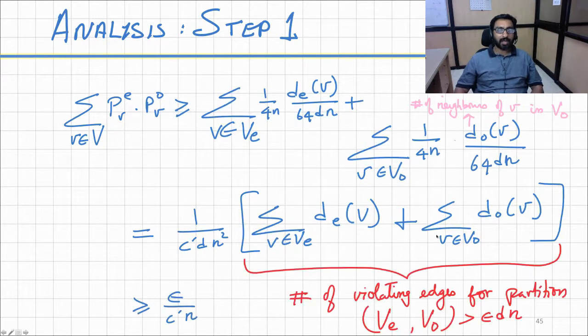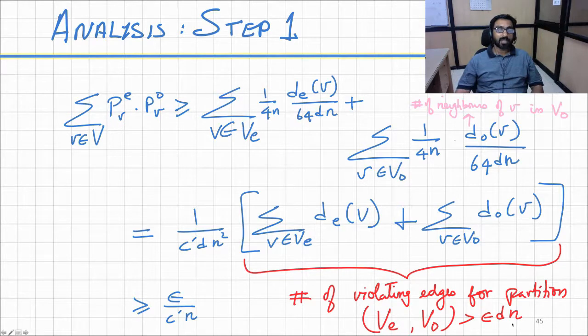Well, as it turns out, this is simply the number of violating edges for the partition VE and VO. Why is that? Think about this. Consider the partition VE and VO. These are the neighbors within the same partition, so these are the violating edges. And this number of violating edges must be at least epsilon dn. That's the assumption that we started off with.